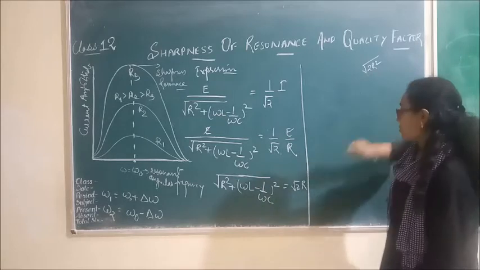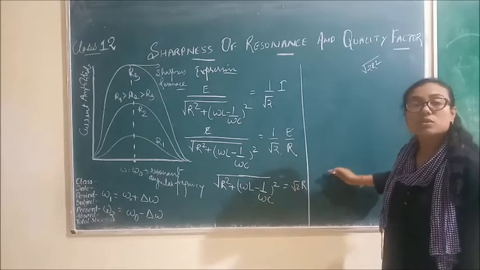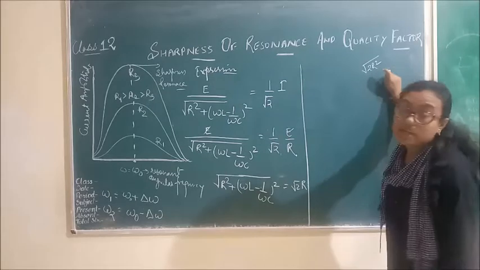ठीक है. इस R को मैंने क्या किया है? Expand कर दिया root R में भी. तो R को भी root के अंदर लाना है तो मुझे क्या करना पड़ेगा?